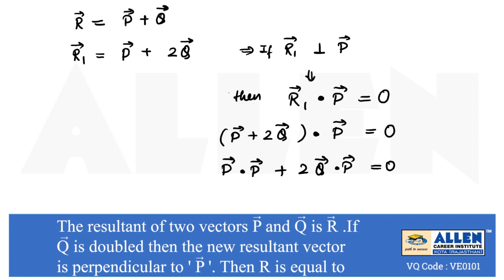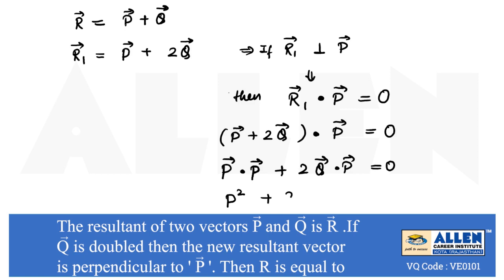Here we will use properties of dot product. The first one is self dot product. If a vector is multiplied with itself, we call it self dot product, and its answer is equal to the square of the magnitude of that vector. So the self dot product of p vector, that is p vector dot p vector, is the square of its magnitude, that is p square.